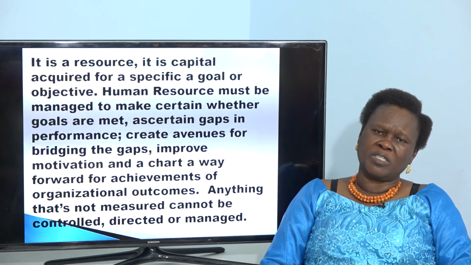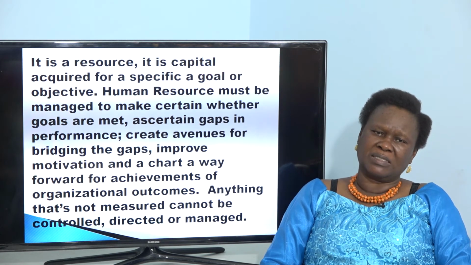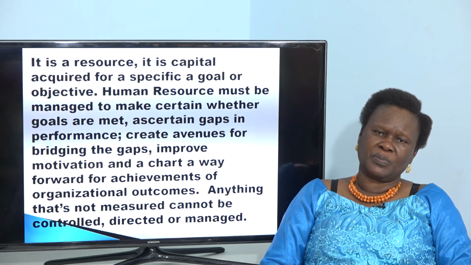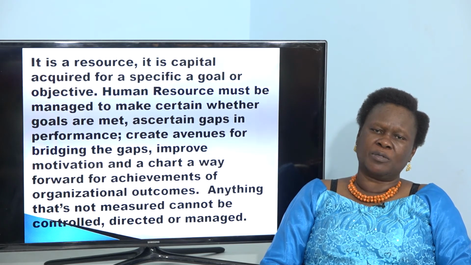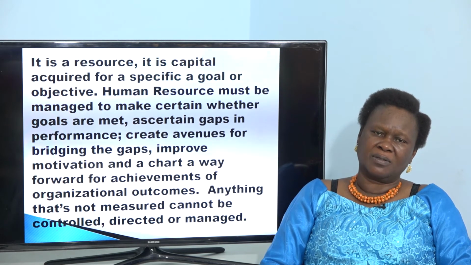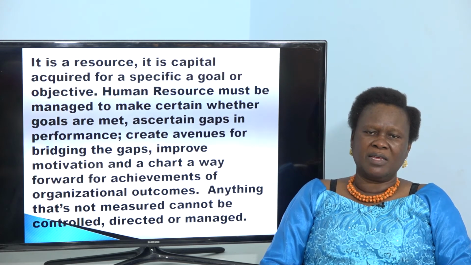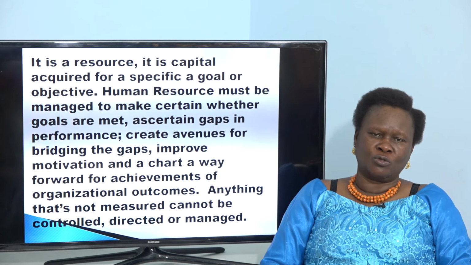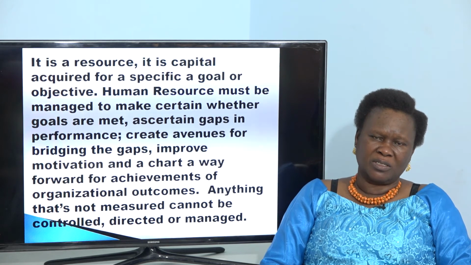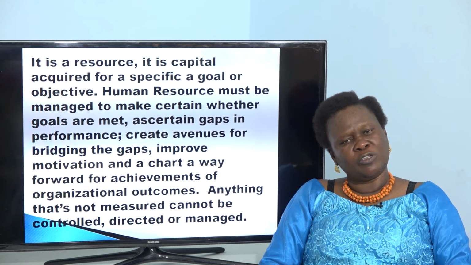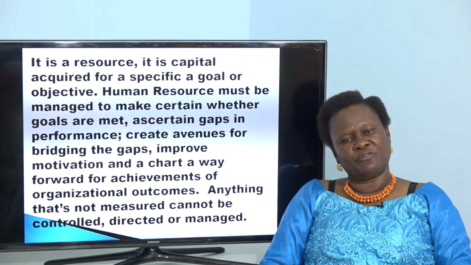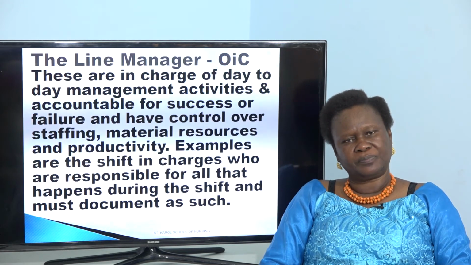Human resource must be managed to make sure that certain goals are met, ascertain gaps in performance, create avenues for bridging the gaps, improve motivation, and chart a way forward for achievement of organizational goals. Anything that is not measured cannot be controlled, cannot be directed, cannot be managed. And that is how come human resource is being managed so that performance can be evaluated.